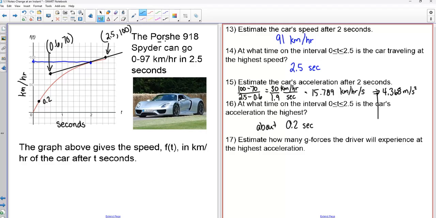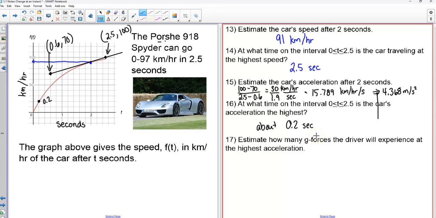Like growing up, my dad and my uncles always had Camaros and different things like that. But this is different. It really threw you back in your seat. She stopped when she got pretty close to the speed limit. We weren't going 100, but it was really fast.